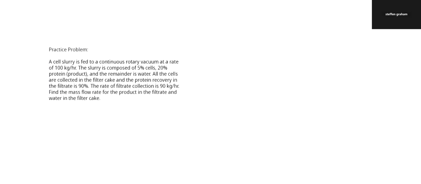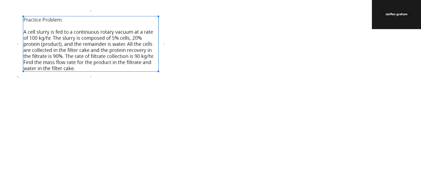So now let's just do a very simple practice problem. I'm just going to copy and paste in the prompt I made. Here's our practice problem. A cell slurry is fed to a continuous rotary vacuum filter at a rate of 100 kilograms per hour.